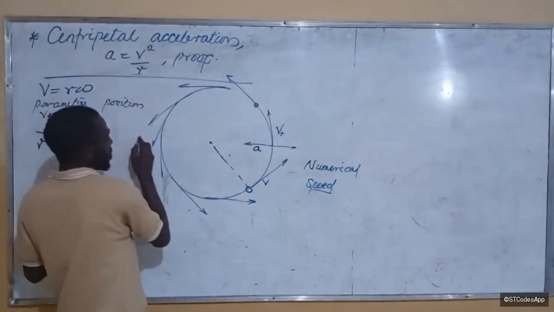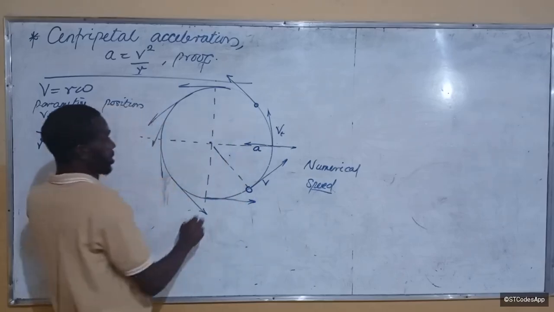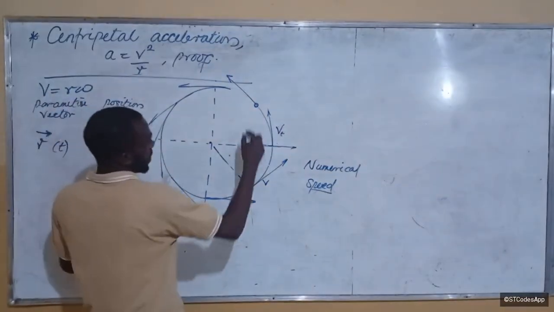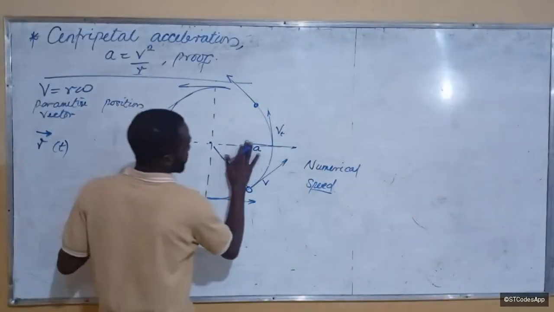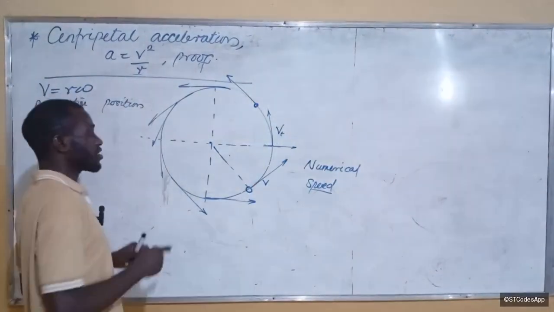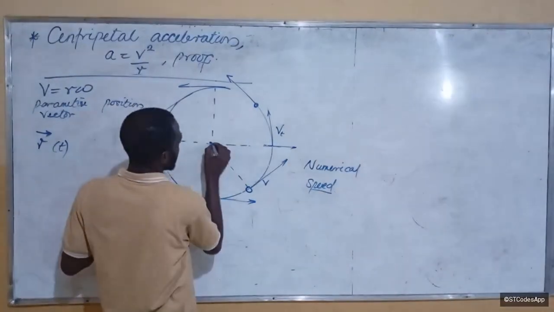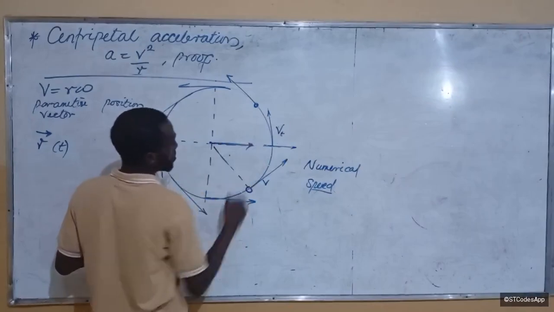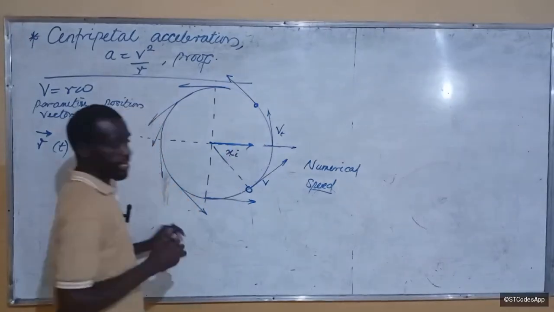Now, let's draw our Cartesian coordinate system, our planes. Now, by the time this body got here, just watch me, it's very simple. By the time this body got here, you'd agree with me that it has a particular maximum horizontal displacement. Let's call that x sub i.